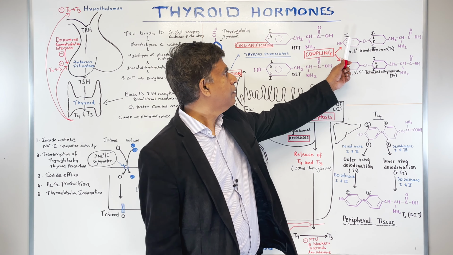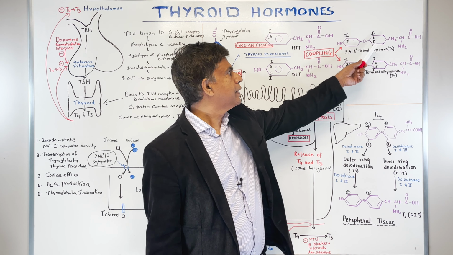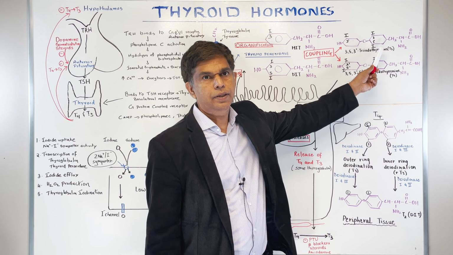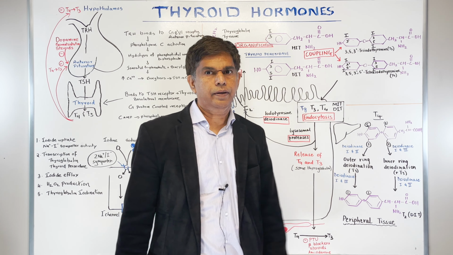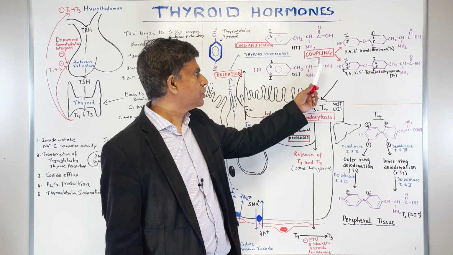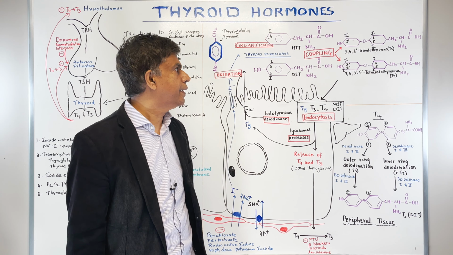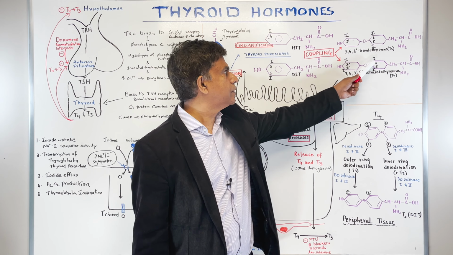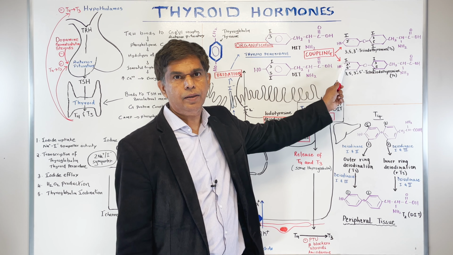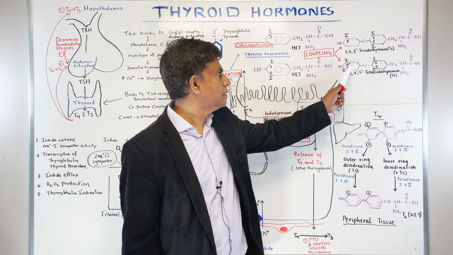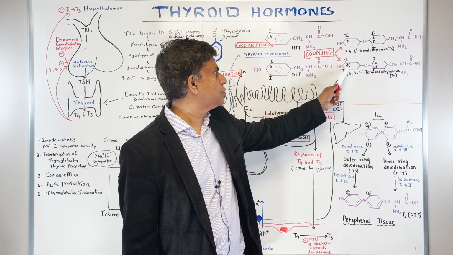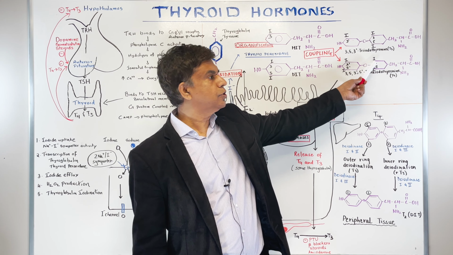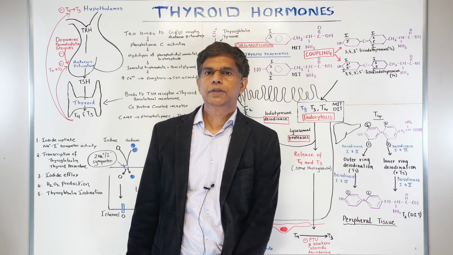So you've got monoiodotyrosine and diiodotyrosine, and that forms the T3 right here. Now let's look at the other coupling reaction. You have two diiodotyrosines, with iodine attached at the 3 and 5 carbon atoms, right? So diiodotyrosine here, diiodotyrosine over here, and then you get T4.